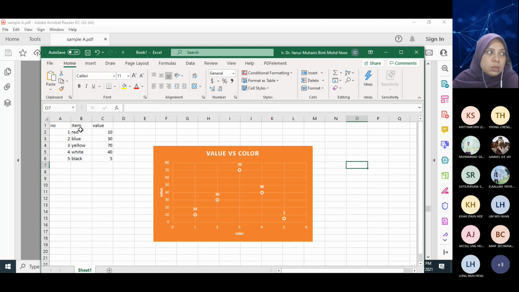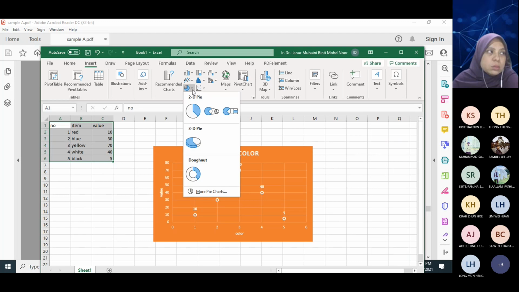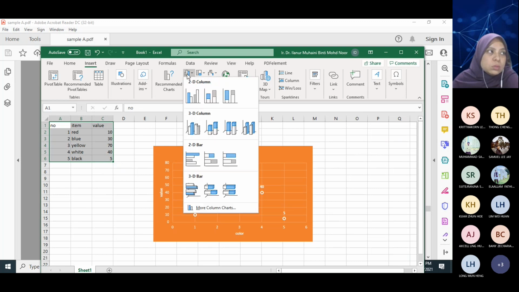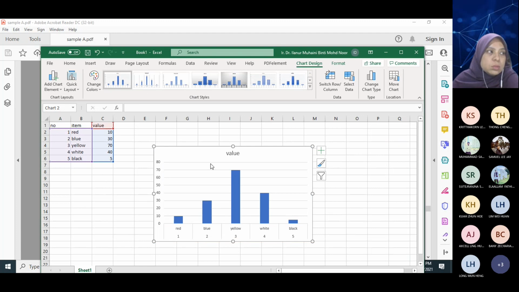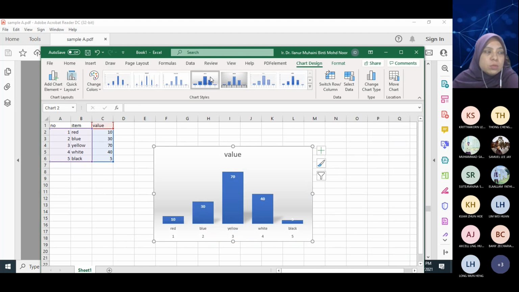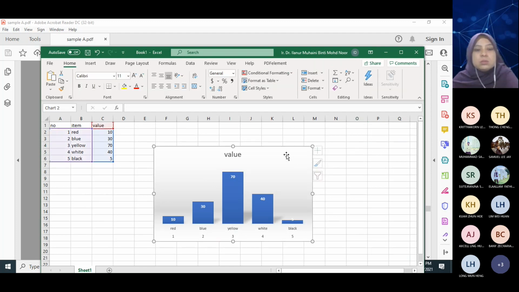Okay. Then if the one scattered, go to insert. You can go to this. This also can. Any style you want also can. But provided the table is there, you copy the table, then the graph come out. Copy the graph and put in the report nicely. Easy to copy. Just copy this.